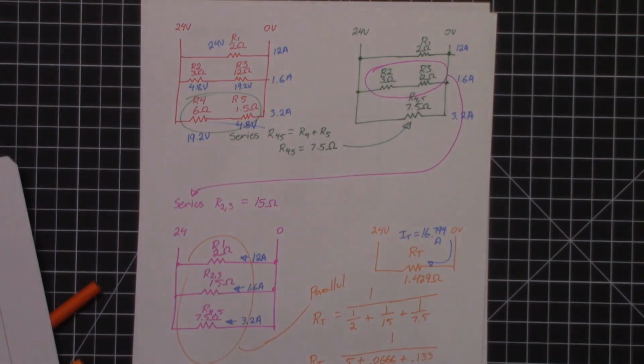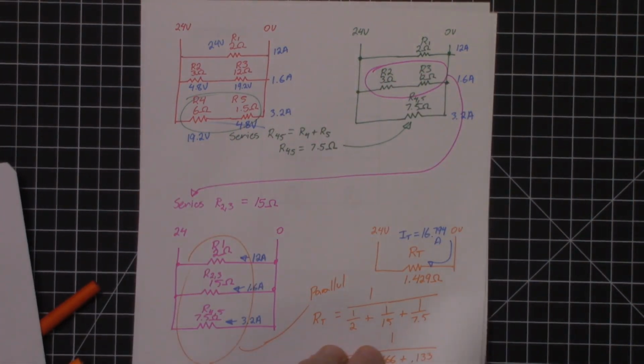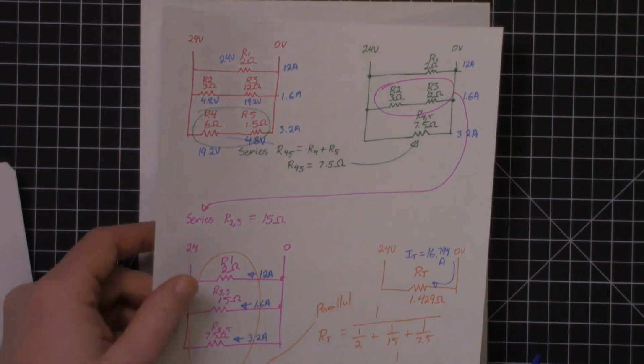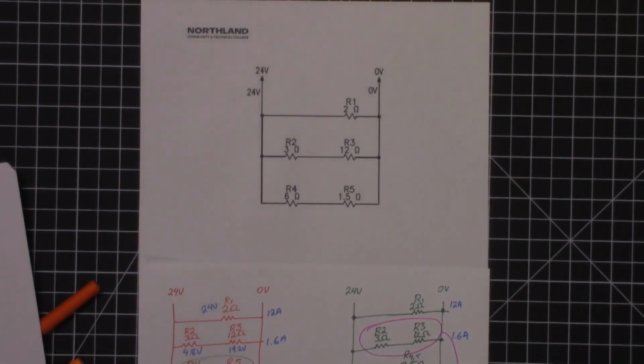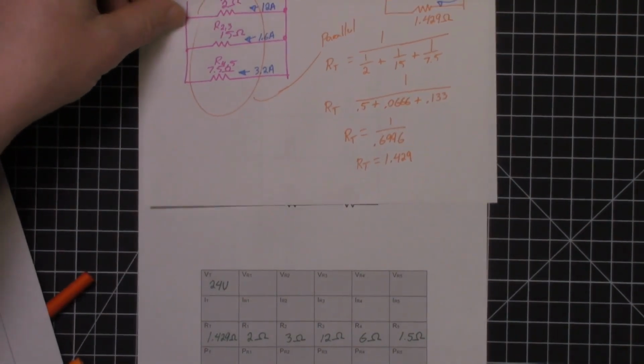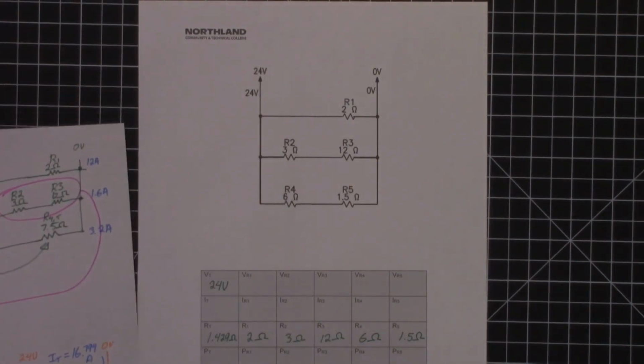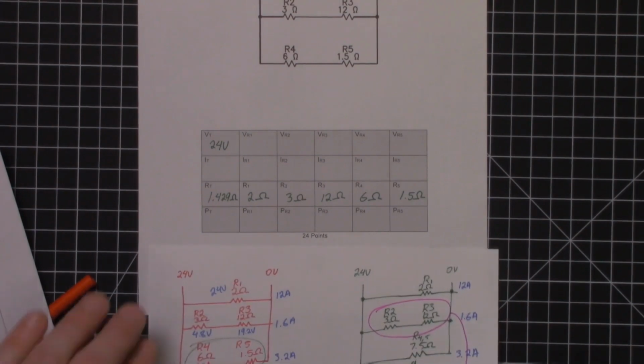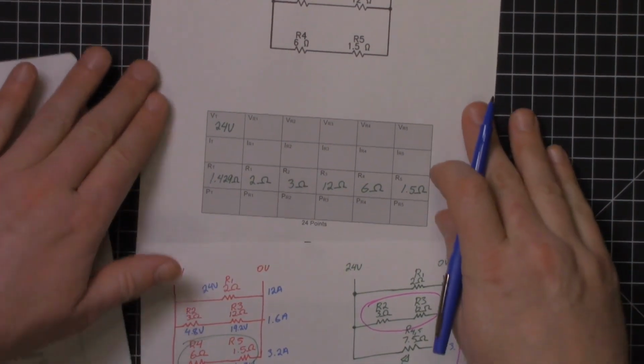All right. So at this point we have all of the currents and all of the voltages necessary from this circuit, and it just took a little bit of creativity to get there. So trying to position this so we can see it all and put all those numbers into the table.